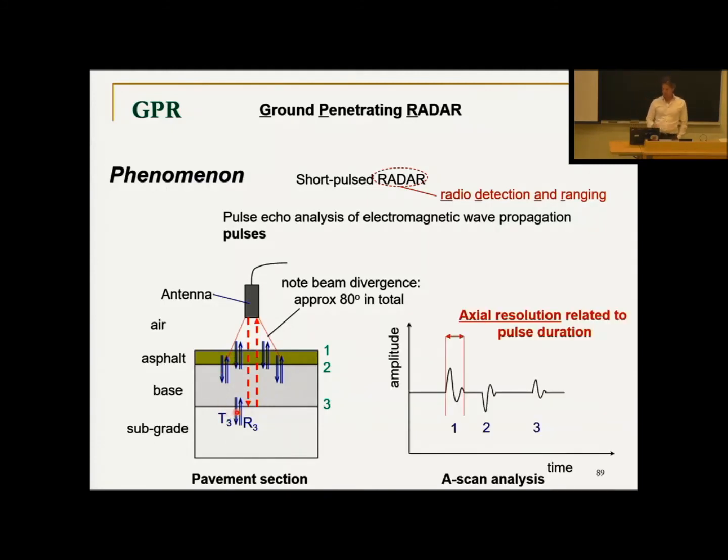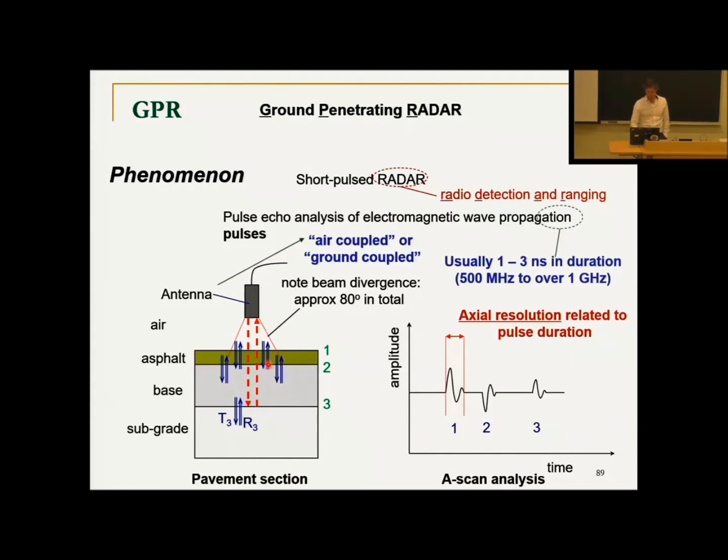And just like we did in ultrasound in a time signal, we look for the presence of these echoes, which indicate some sort of electrical or magnetic interface, right? And if it's a metal, there will be a large amplitude reflection, right?